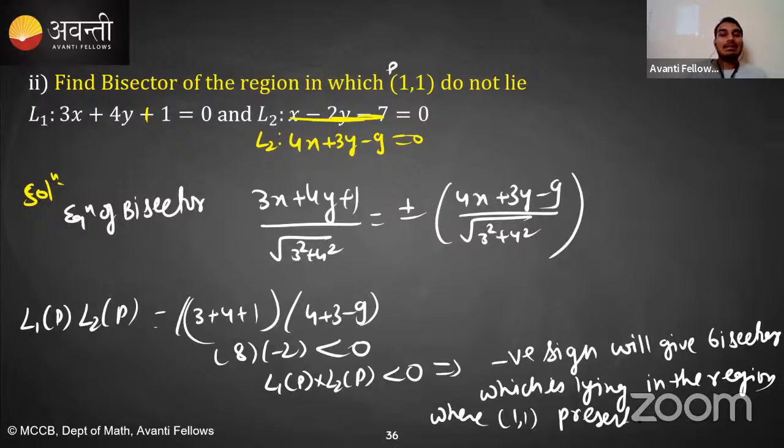So negative sign लेने से I will get the equation of bisector of the region where (1, 1) is present. But question is clearly mentioned that we have to find the bisector of the region where (1, 1) is not present. So कौन सा sign लेंगे? If negative sign is giving me the bisector of the region where (1, 1) is present, so it means positive sign will give me the bisector of the region where (1, 1) do not lie, right?